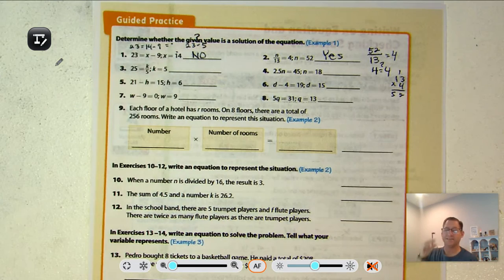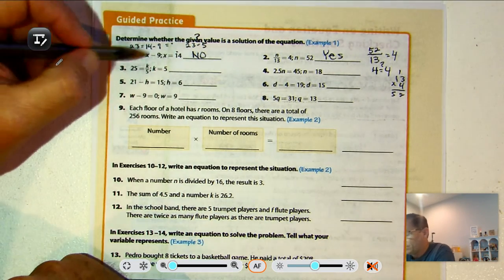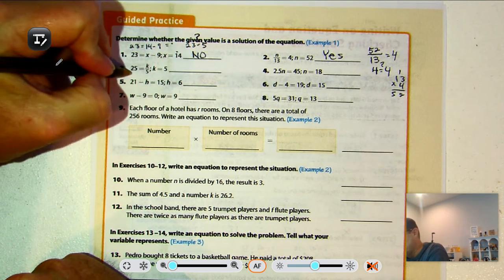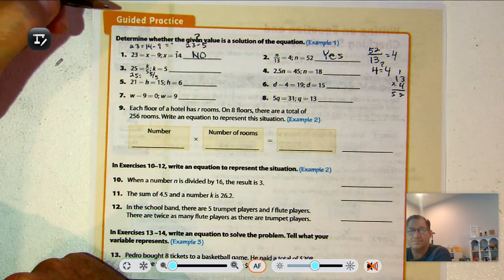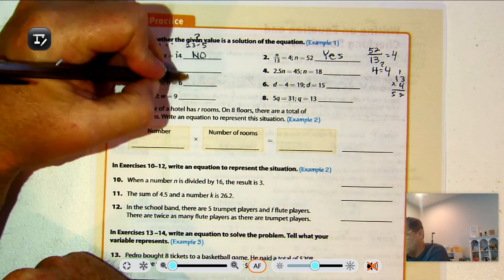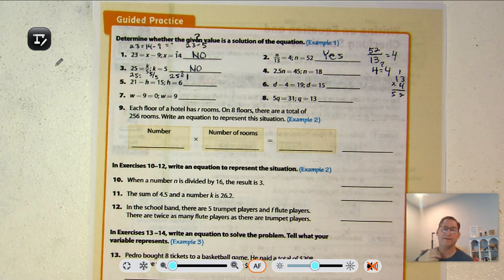So 52 is a solution. Number 3, we're going to substitute 5 for k. So we have 25 equals 5 divided by 5. Well, 5 divided by 5 is 1. That's no, right? So k equals 5 is not a solution.